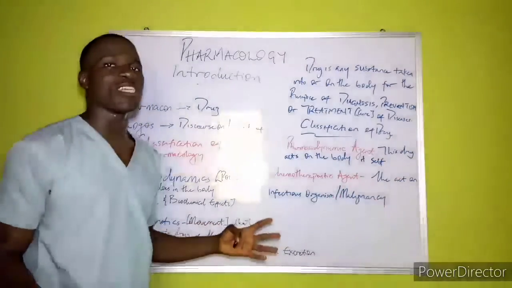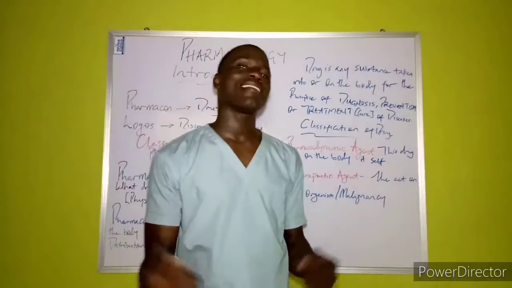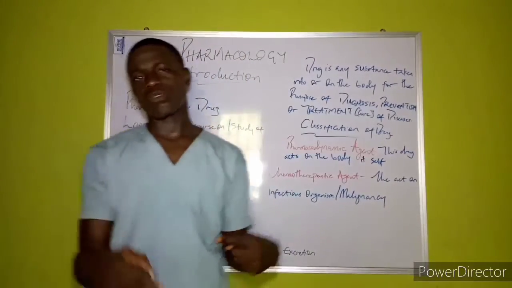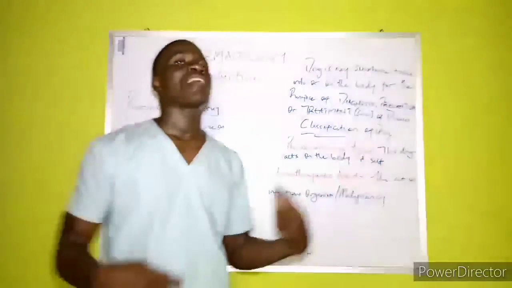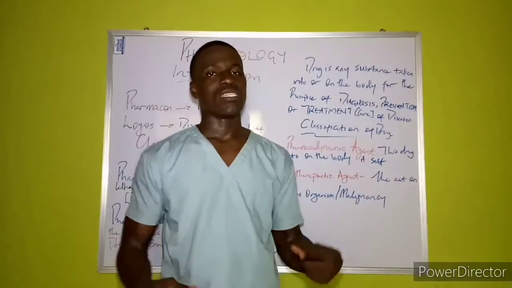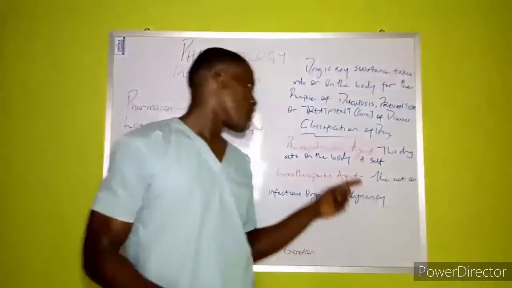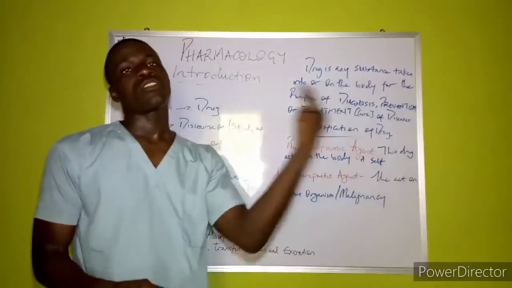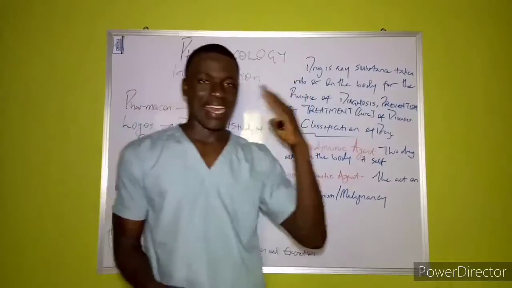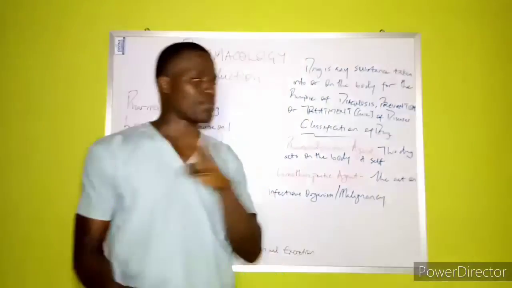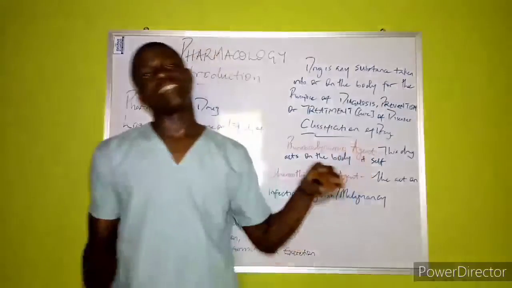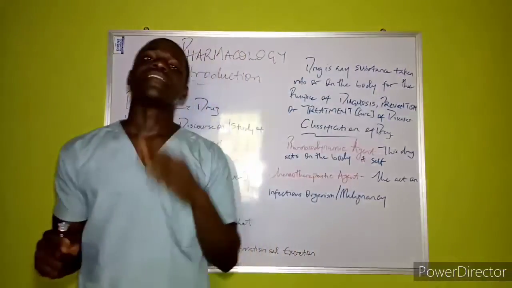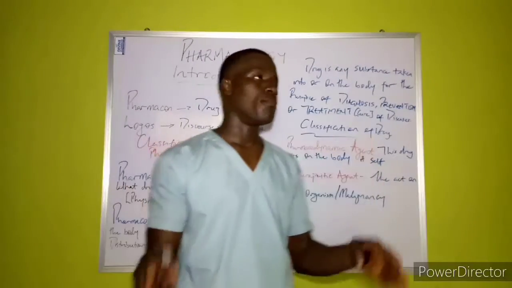Chemotherapeutic agents are those drugs that do not act necessarily on the body, but act to fight against infections and malignancy, that is, abnormal growth of cells within the body. So they fight those causes. But pharmacodynamic agents act on various parts of the body, such as glands, receptors, and parts of the brain, which results in the release of hormones or neurotransmitters to perform a specific effect within the body part.